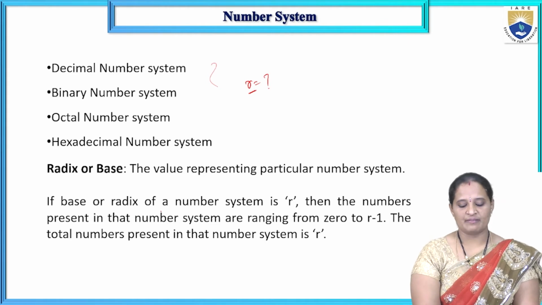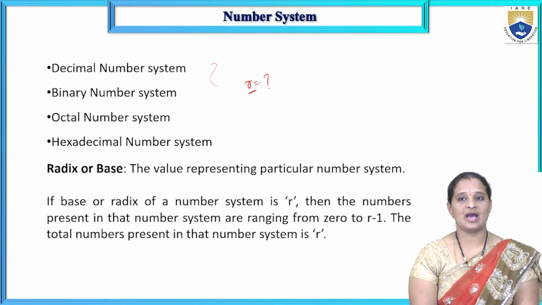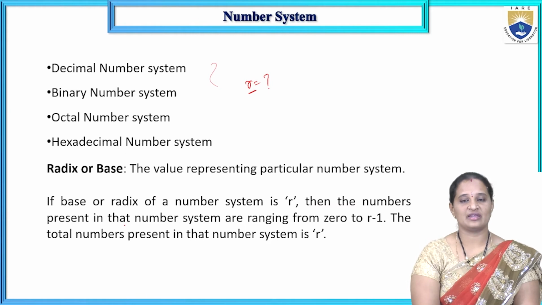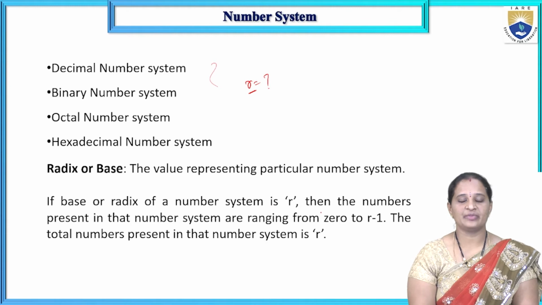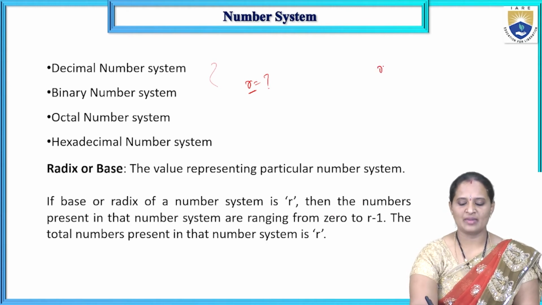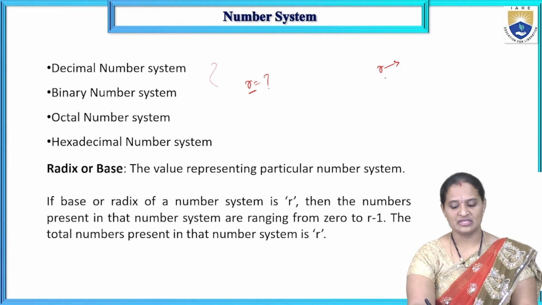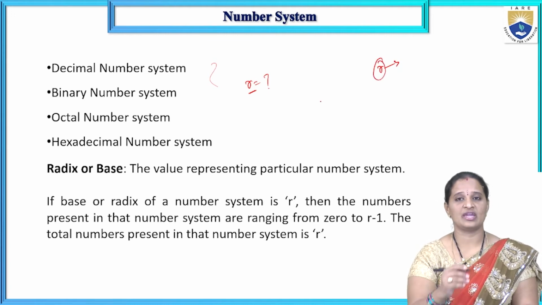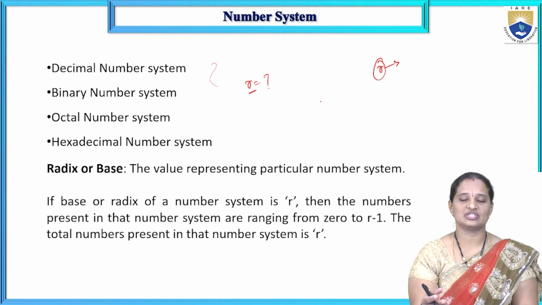If the base of a number system is R, then the numbers present in that number system range from 0 to R minus 1. R may be any number, so based on the value of R, we can classify the number systems.